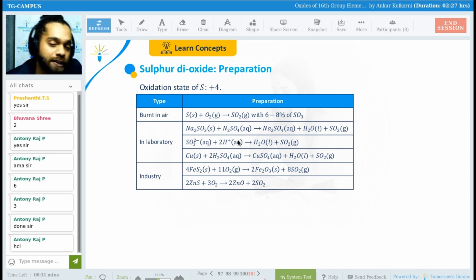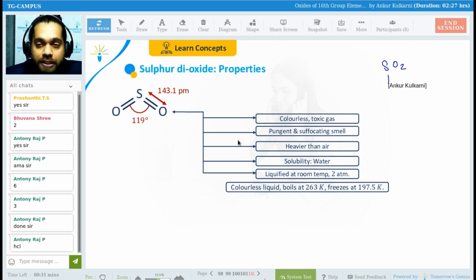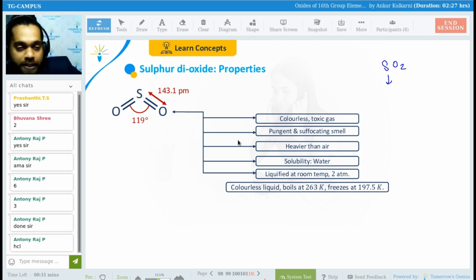So sulfur dioxide, obviously the oxidation state. If I ask you the oxidation state of sulfur in SO2, not SO3, what is it? Why are you all getting plus 6?